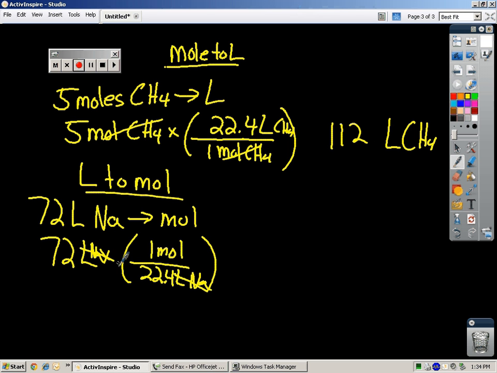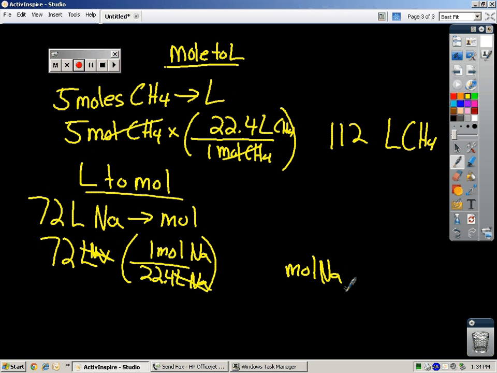Addie. What are the only units you have left over here? What's that? Moles, very good. Is that what we want in our answer? Very good. Addie, if you'll pick someone.